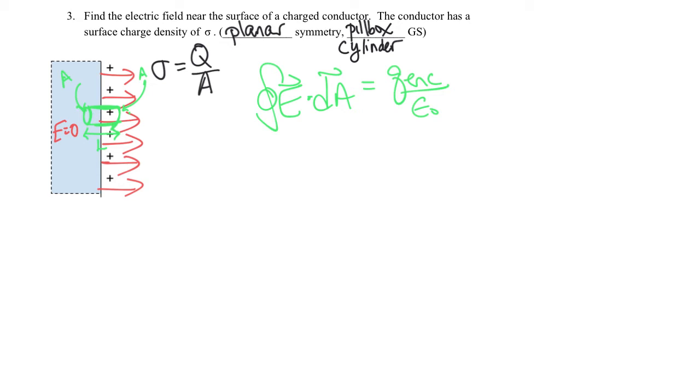When we're looking at the flux, remember when I did the right triangular prism, we figured out the flux through the object by looking at the flux through each individual side. So here we've got this surface, let's call that 1.